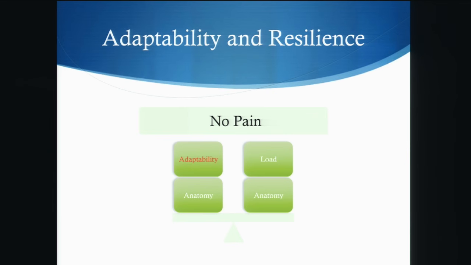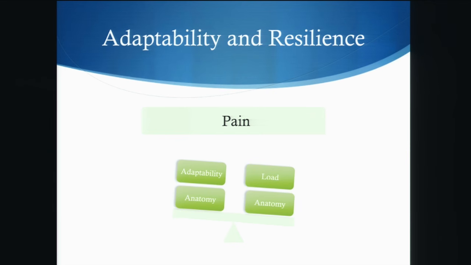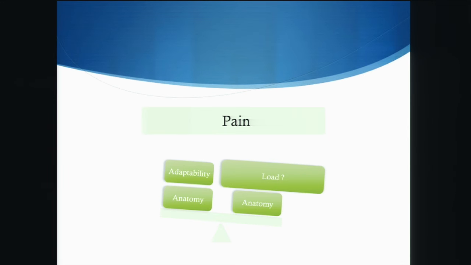But then we also have a situation where we have seemingly the same adaptation. There's nothing on the X-ray that's particular, nothing out of the ordinary in terms of load, no seeming trauma, no dysfunction particularly, and the patient is in pain. So we thought, okay, maybe their load is bigger.